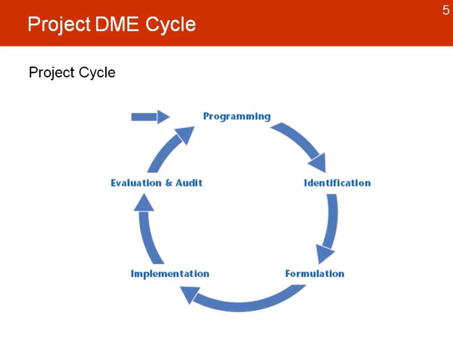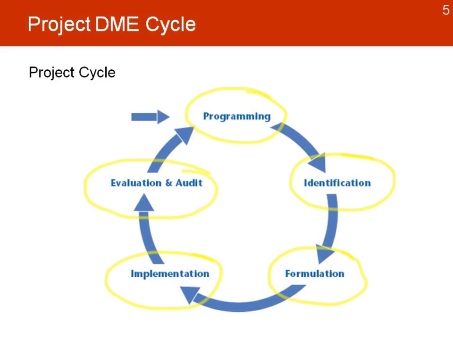Most of the project cycles in development usually contain these elements: an element of programming, or the elements that define the goals and the strategies of the organization, an identification of the problems, the formulation of the solutions, the implementation and monitoring of the activities, and an evaluation or audit. Most organizations and donors will have a cycle that is more or less similar to this one.